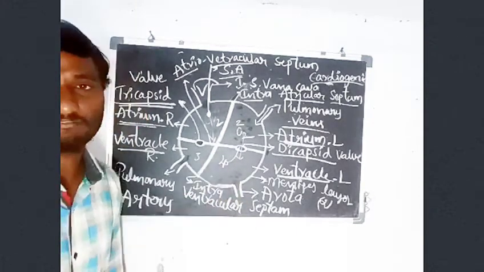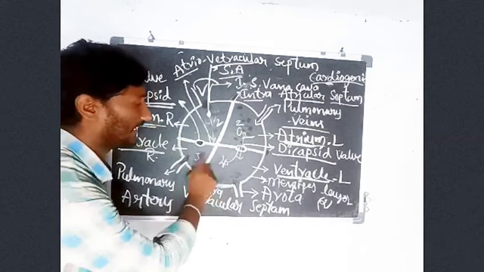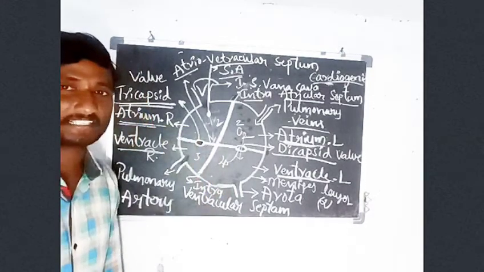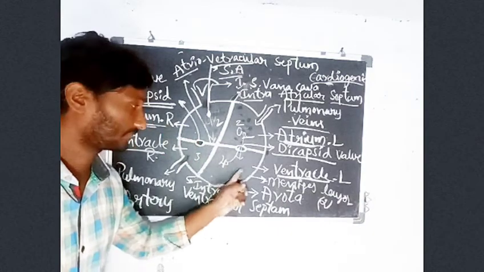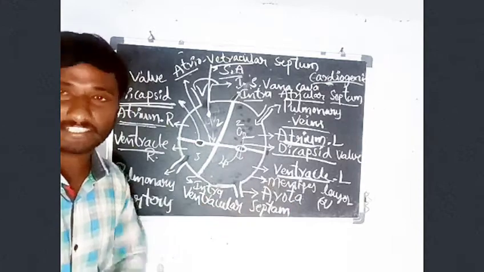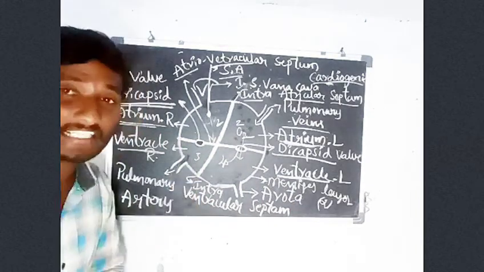Lower parts, ventricles. When we are comparing the left and right ventricles, the right ventricle is smaller than the left ventricle. I will say the answer.